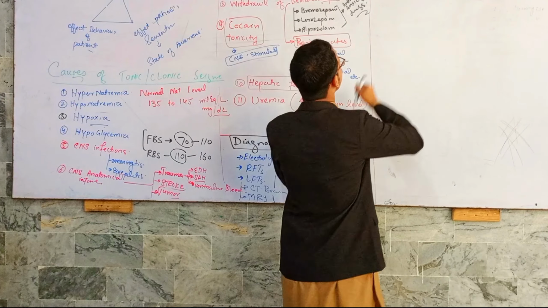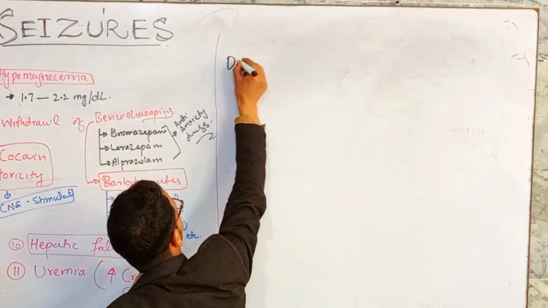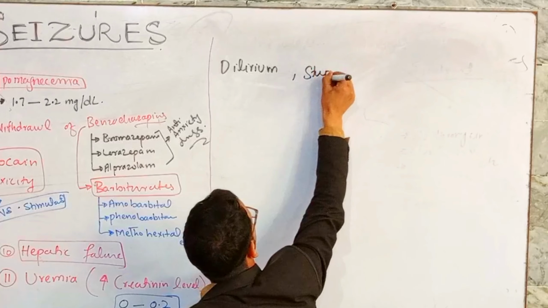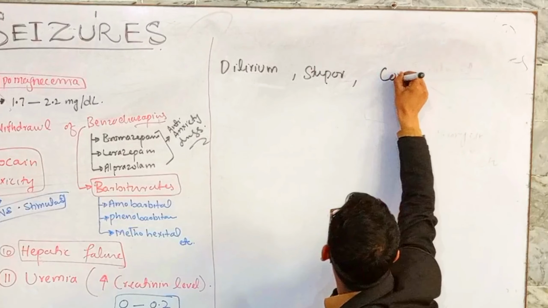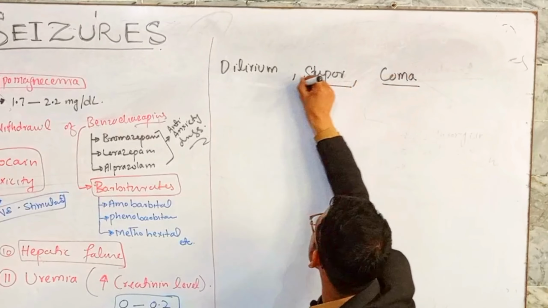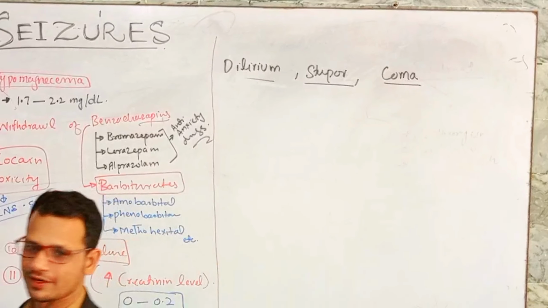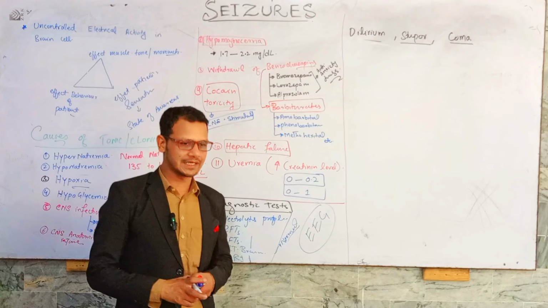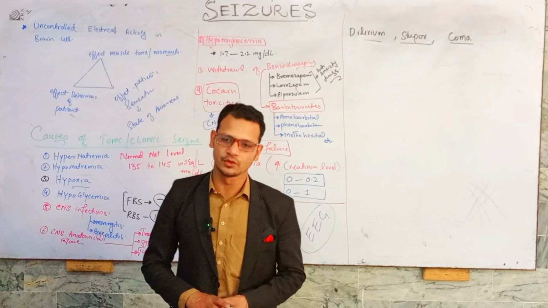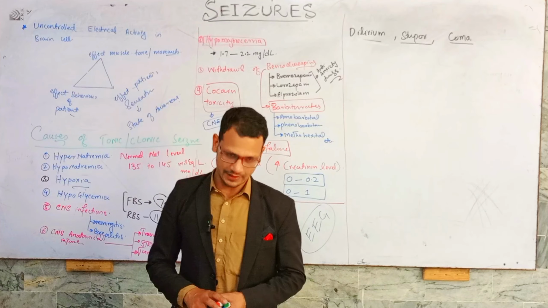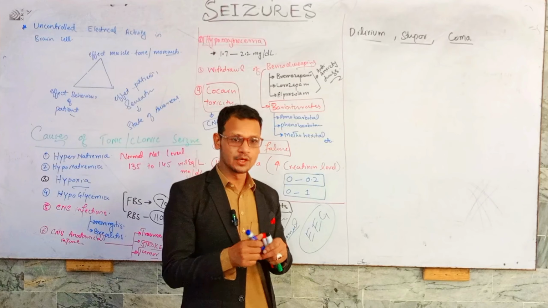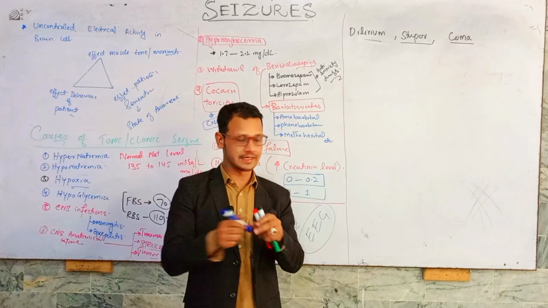What is the actual difference between these 3 wordings? Delirium is something which is related to confusion, right? The patient will feel confusion, which occurs before seizures, right?